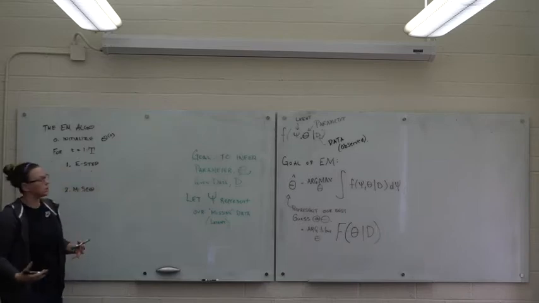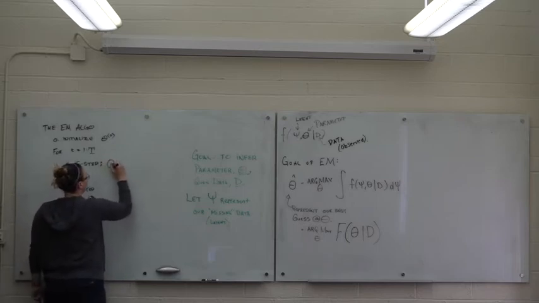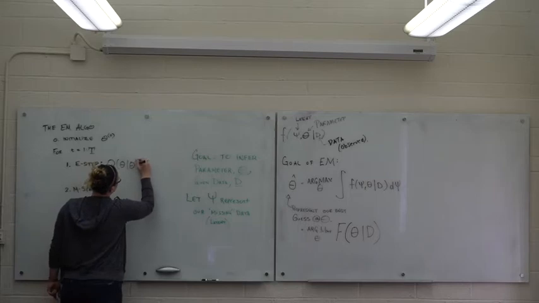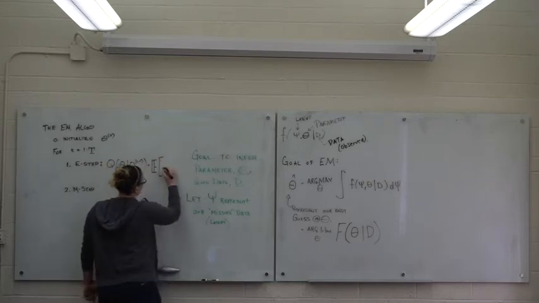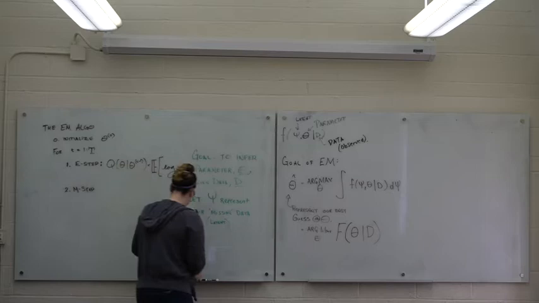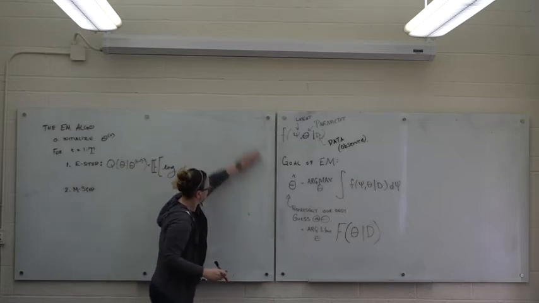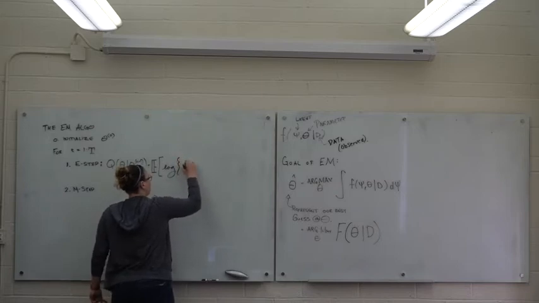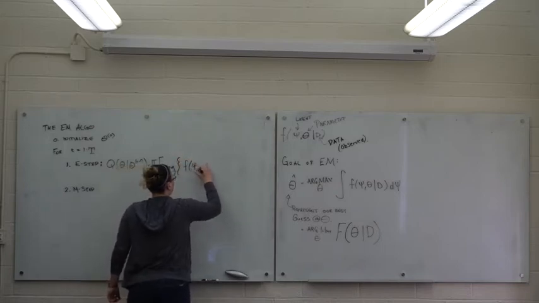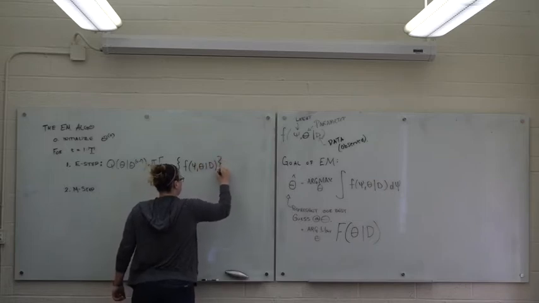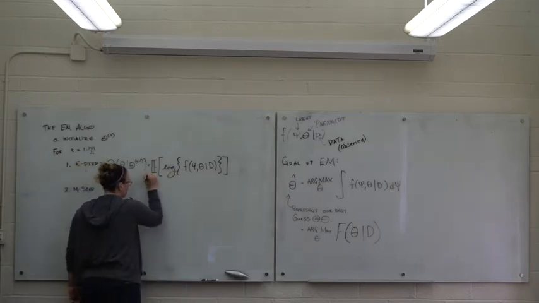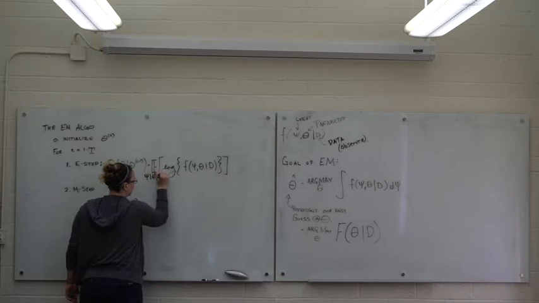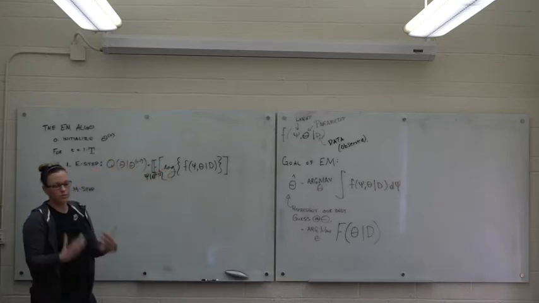First, we got to take an expectation. What that expectation is, is the expectation of the log of our f of psi and theta. Now, what are we taking the expectation with respect to? It is with respect to psi conditioned on the previous parameter.